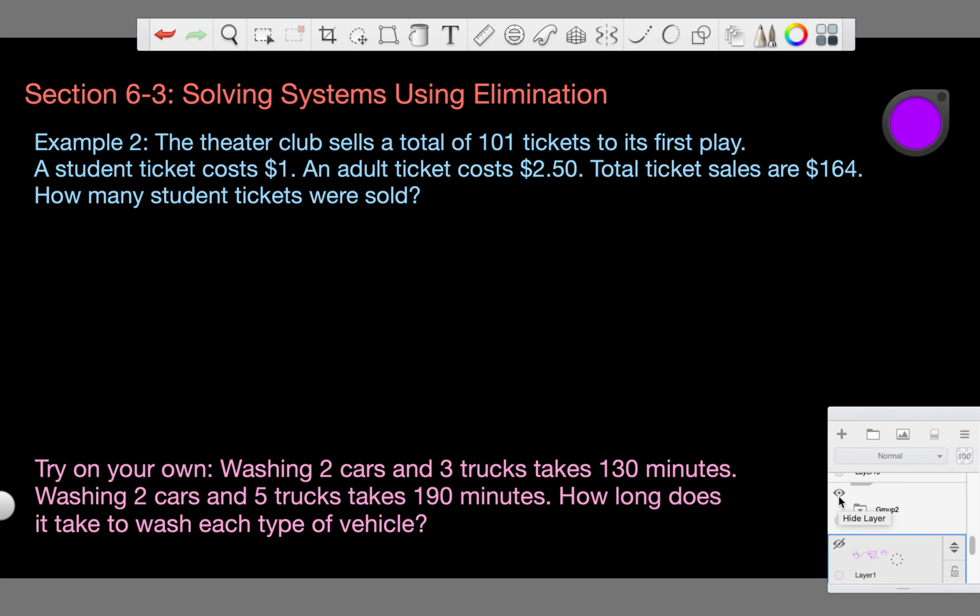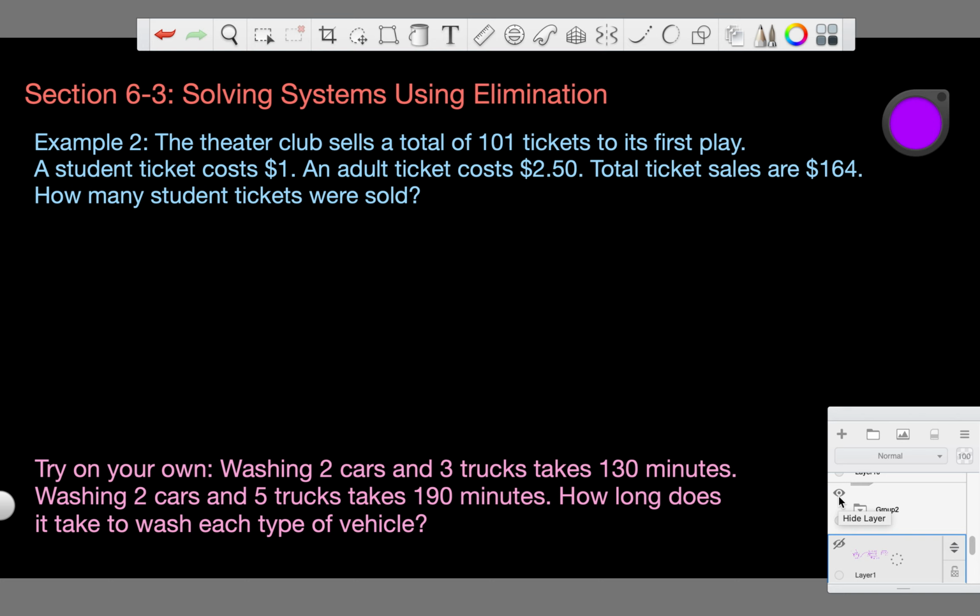So number 2, we have a word problem. What it's going to ask us to do is create a system of equations and then eliminate one of your variables. It says that a theater club sells 101 tickets to its first play. A student ticket costs $1, an adult ticket costs $2.50, and the total ticket sales are $164.